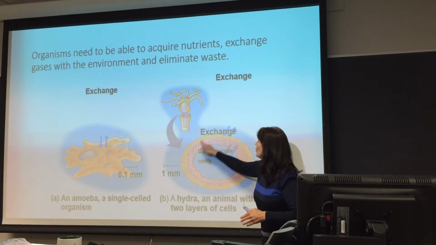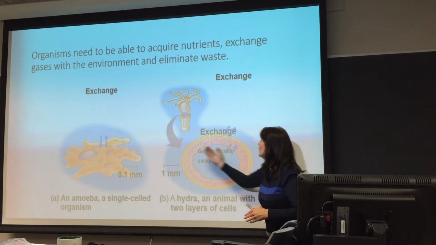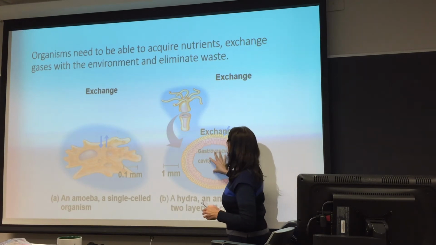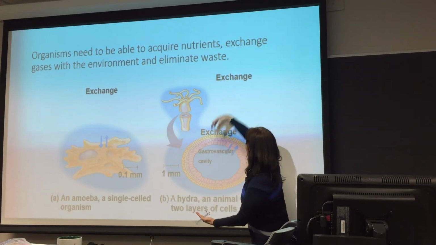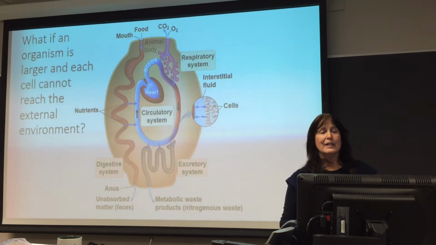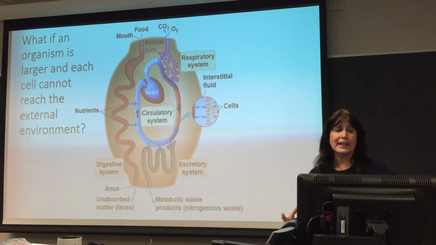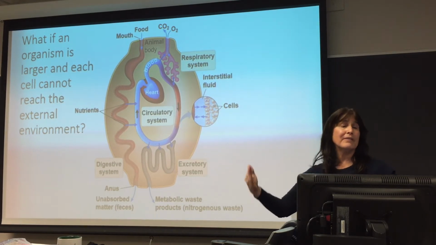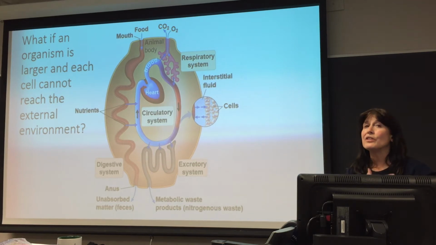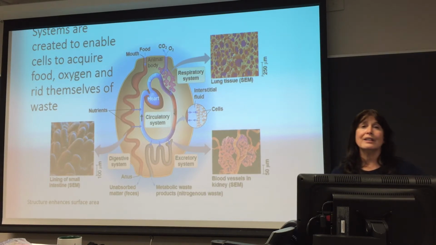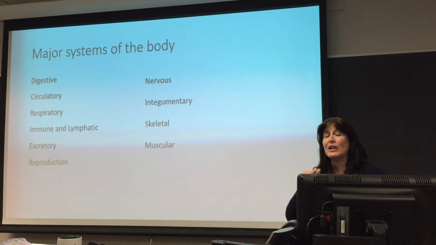The very first stage that different evolutionary organisms developed was this two-cell system where every cell is either facing the external environment or the external environment can come into the internal. But it got to be a problem when we have large multicellular organisms, and that's why there was this development of all these different organ systems so that every cell in the body can get food and oxygen and also get rid of their wastes and their waste systems.